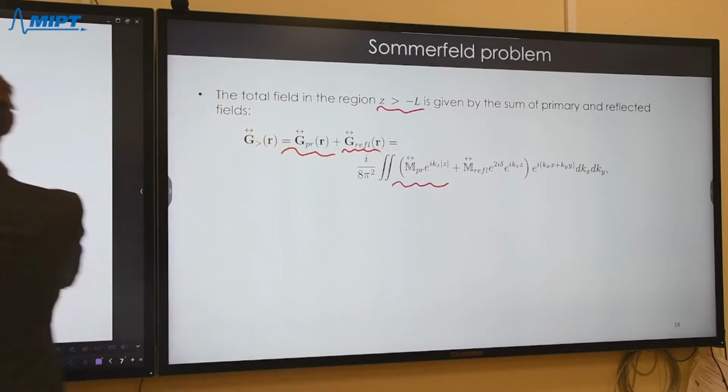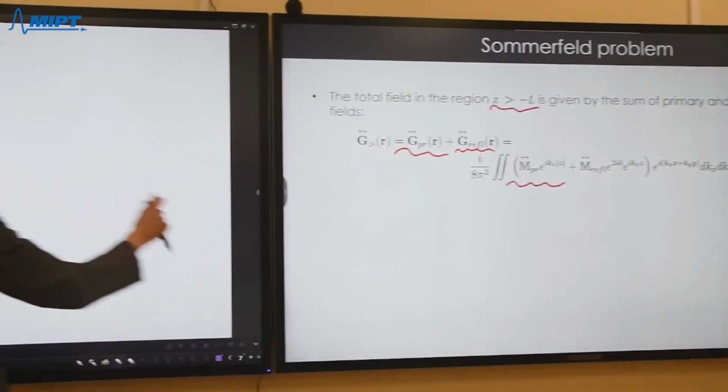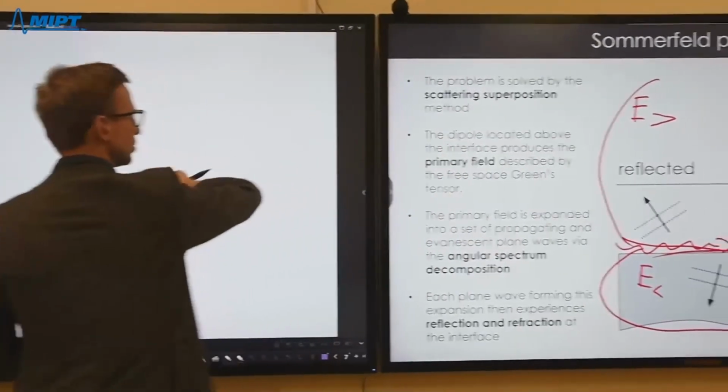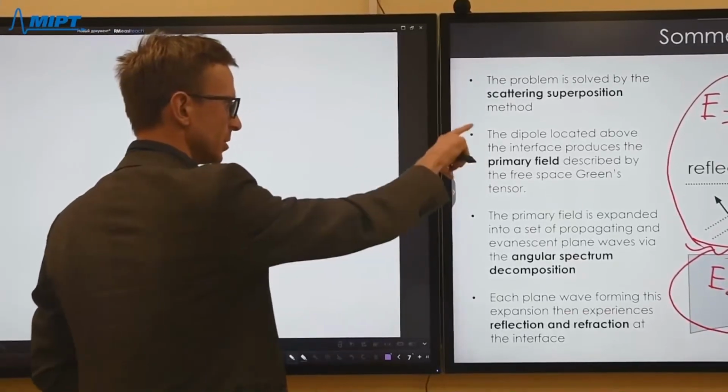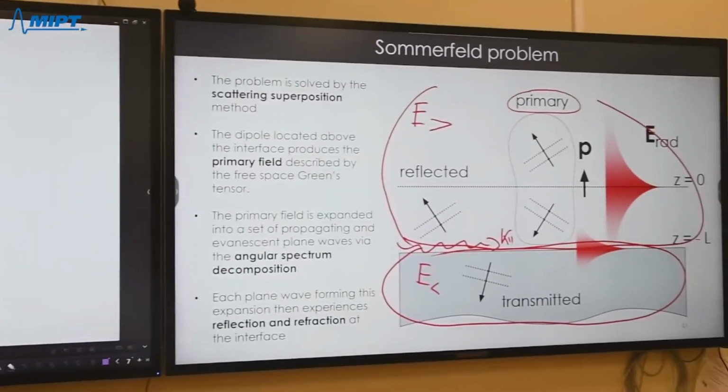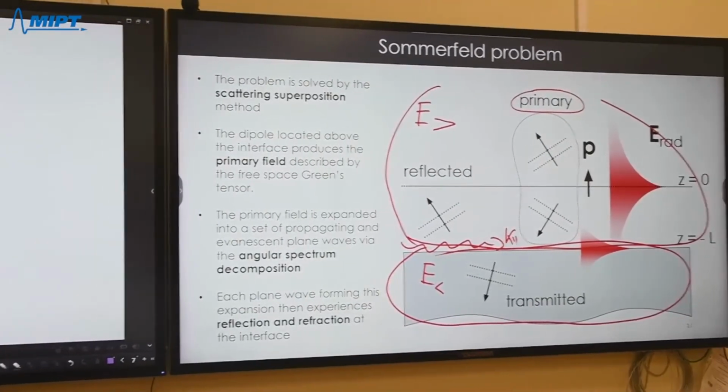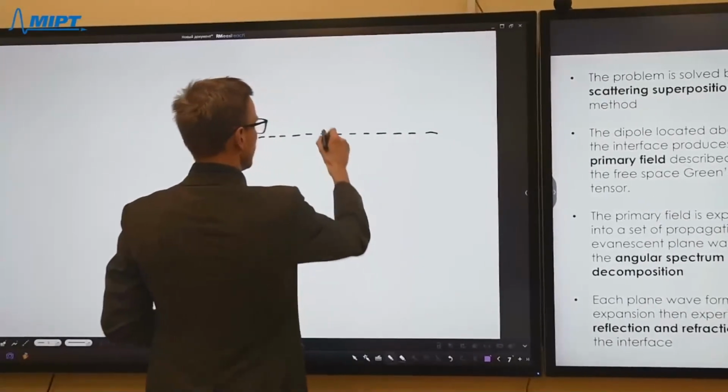So let's try to copy this sketch onto this blackboard, because we're going to be referring to it a lot as we solve the problem.